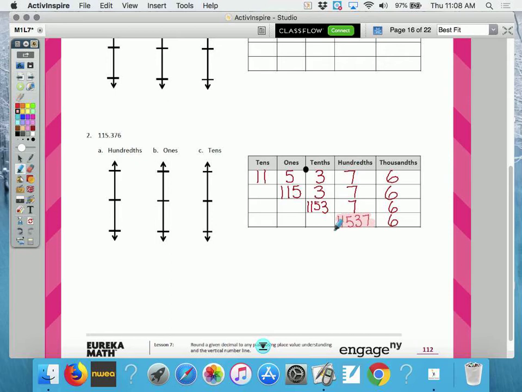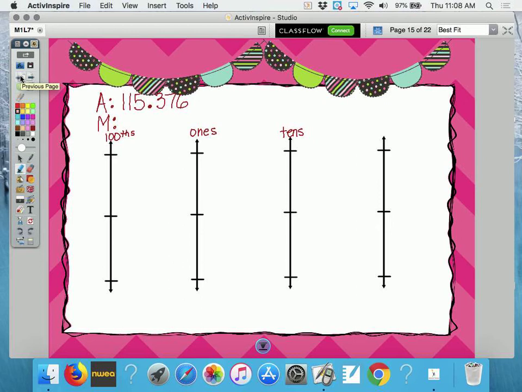Everybody say it. 11,537 hundredths. So on my template, that goes at the bottom. So 11,537 hundredths, writing with the highlighter again. And I'm going to abbreviate hundredths.